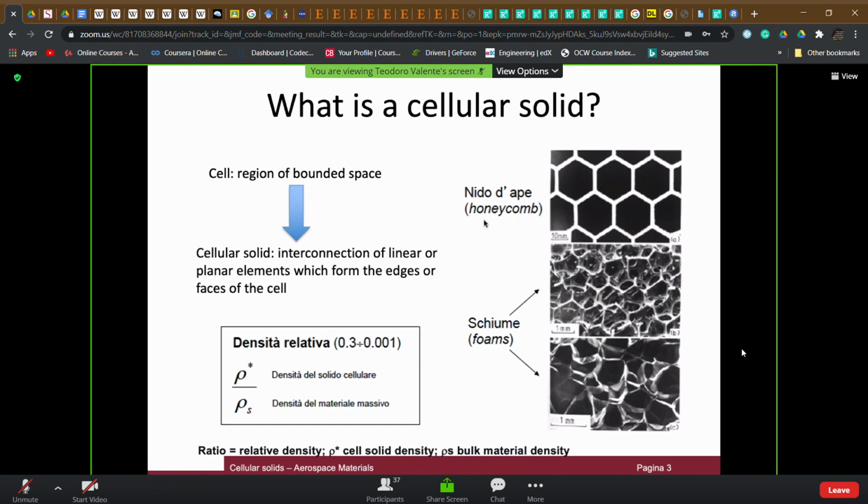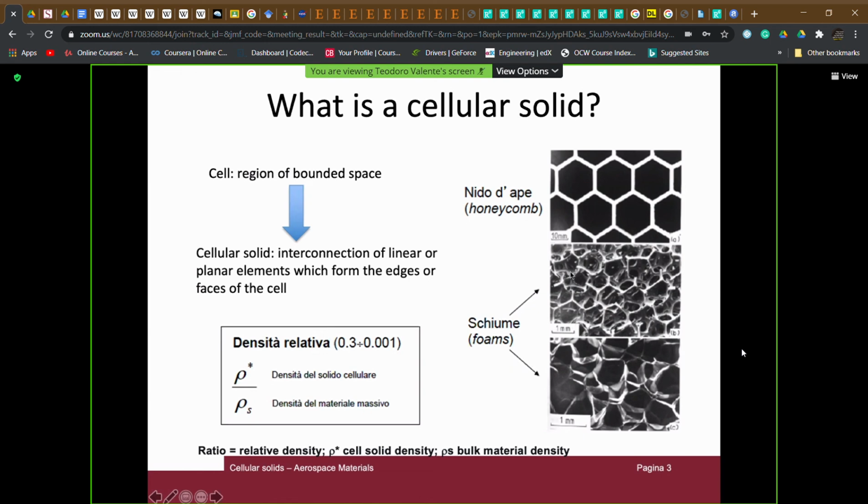And the honeycomb is an example of a cellular solid, as well as the foams.